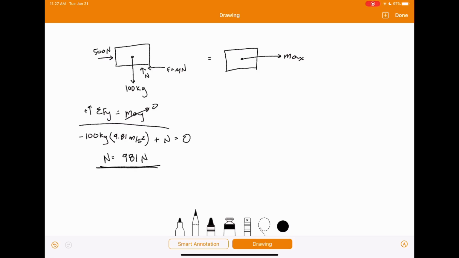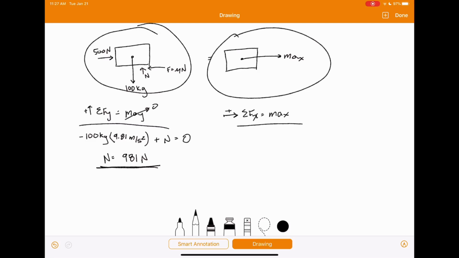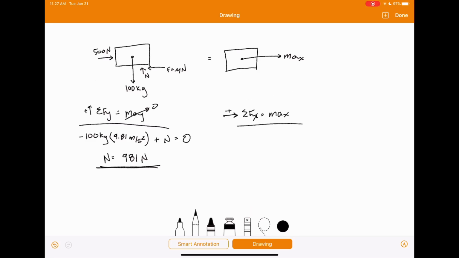All right, now we can do our sum of forces x equals our mass times acceleration in the x direction. And I'll have going to the right be positive. So we've got 500 newtons to the right minus our friction force, which is mu 0.4 times N, which we solved for was 981 newtons.